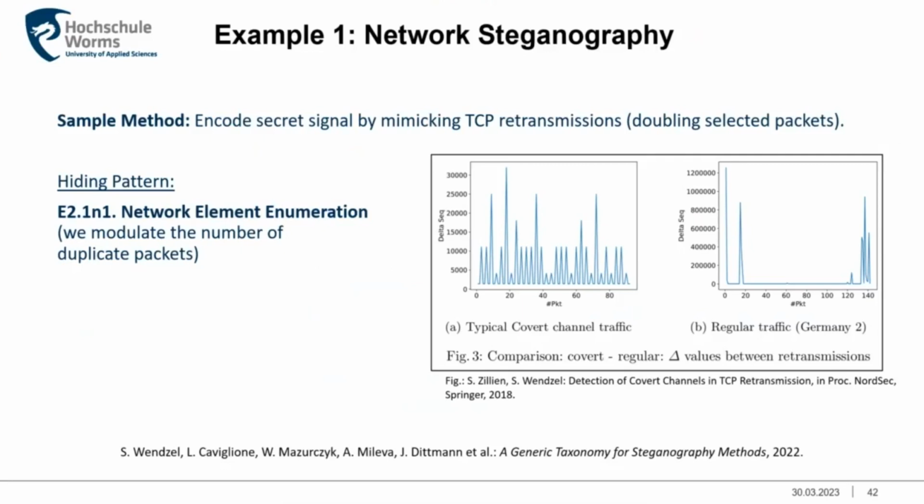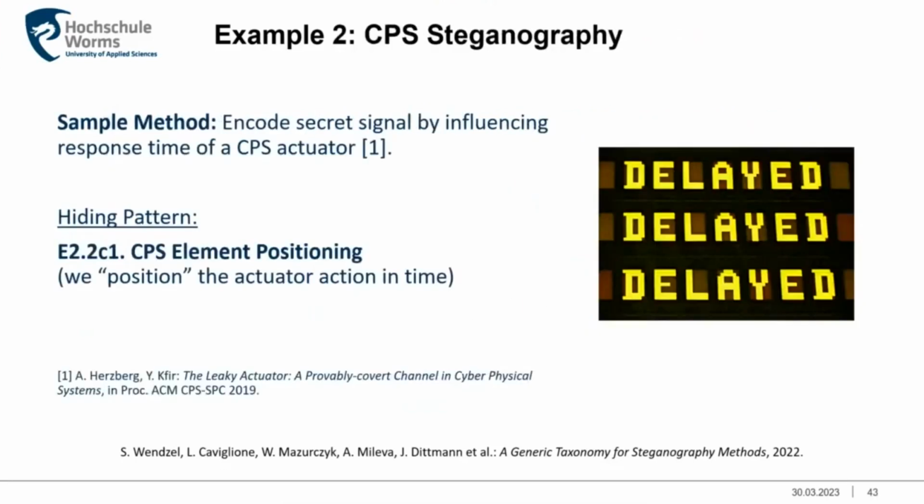I pick one pattern, that's the artificial retransmissions one, where you artificially craft TCP retransmissions to signal hidden messages. And that would be network element enumeration, because we duplicate packets. Check. So that's the first.